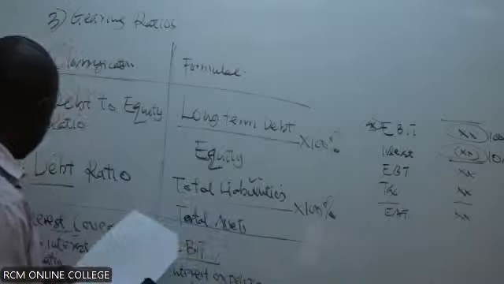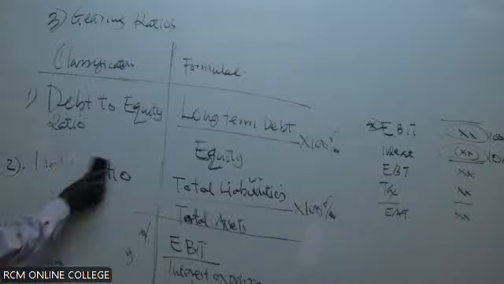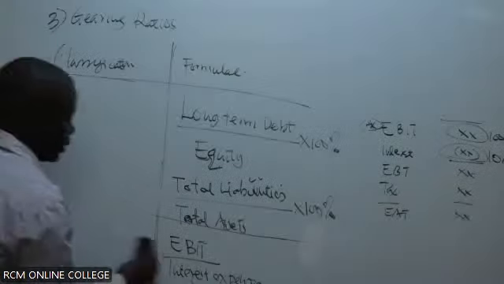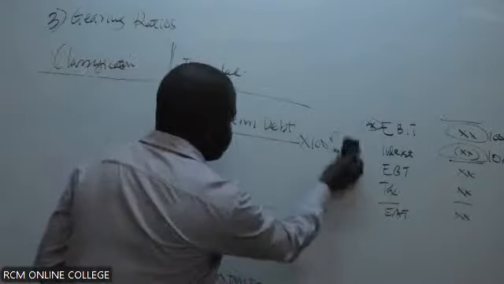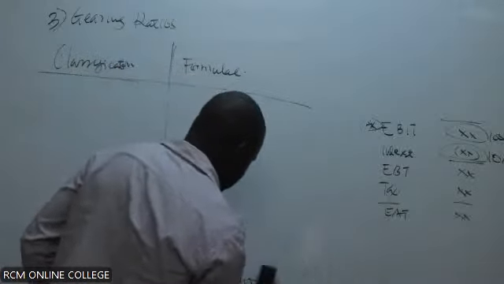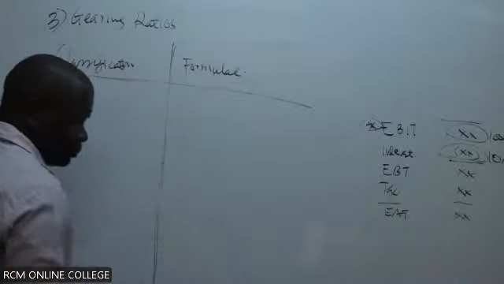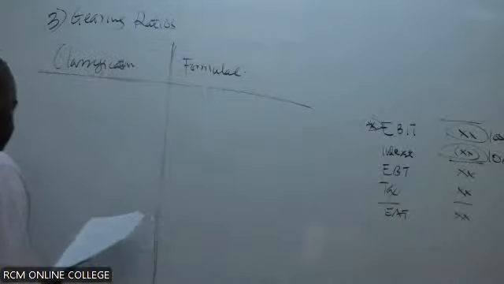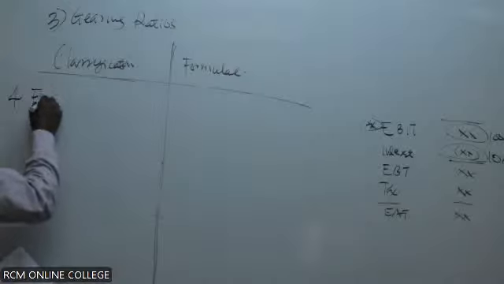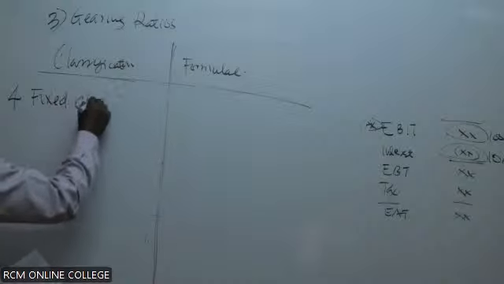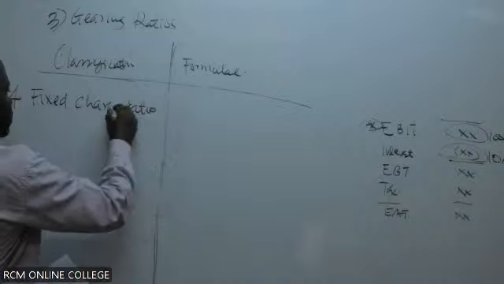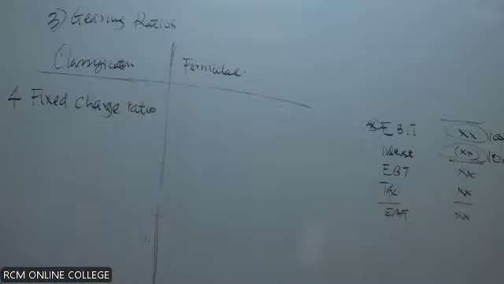So I think we can look at the last one, number 4 under gearing ratios: the fixed charge ratio.